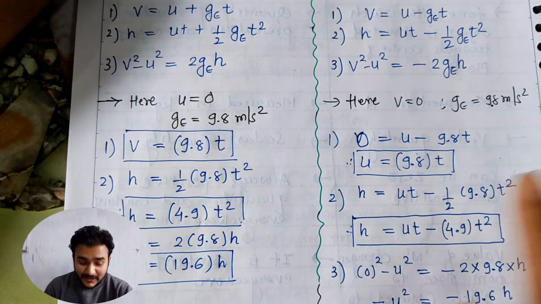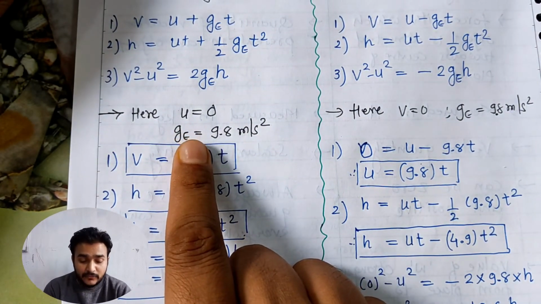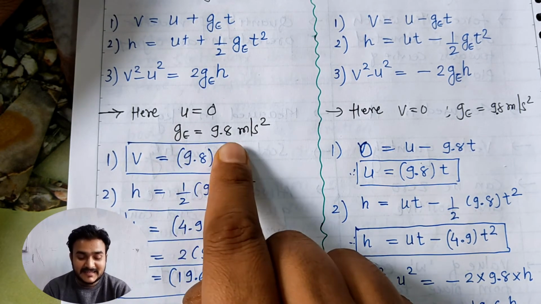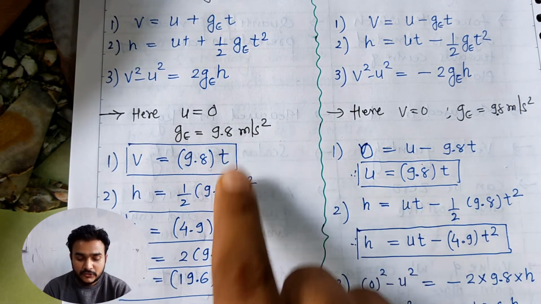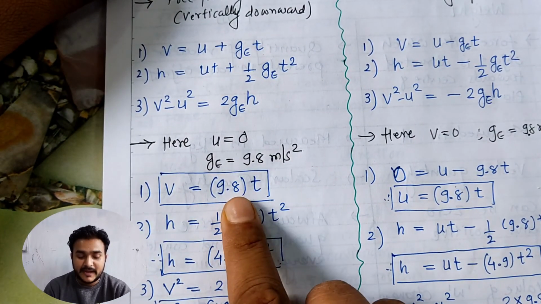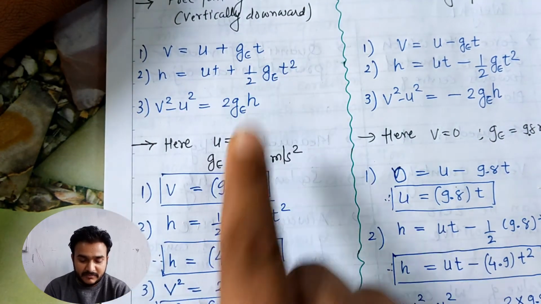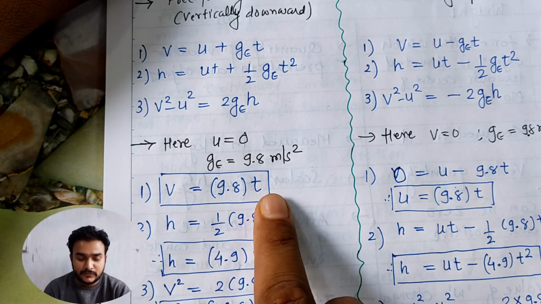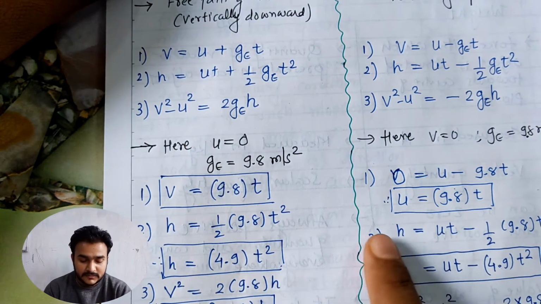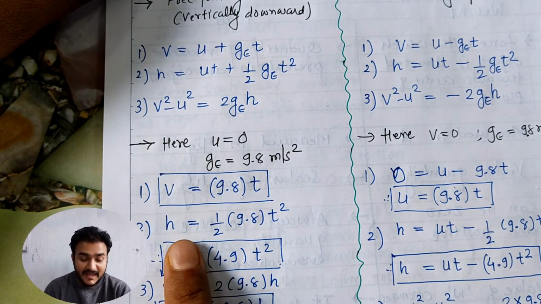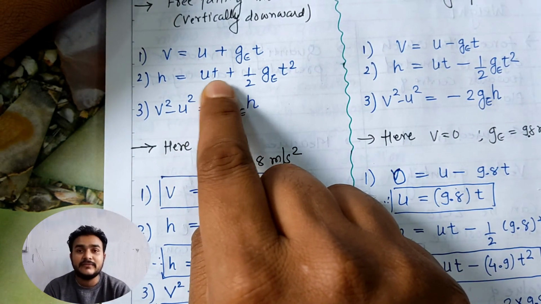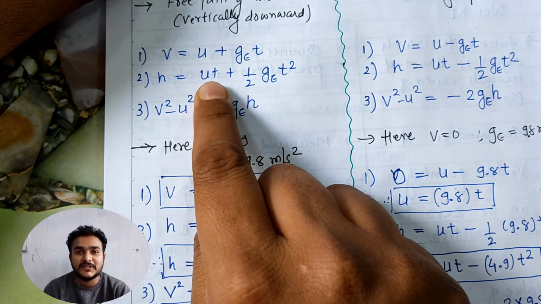Now we know that for the vertically downward motion, a freely falling body, u is equal to 0 as well as g is equal to 9.8 meter per second square. So putting the values of u and g here, the first equation becomes v is equal to 9.8 into t, as the value of u is 0. The second equation becomes h is equal to 1 by 2 into 9.8 t square, as the ut term will be 0 because u is equal to 0.